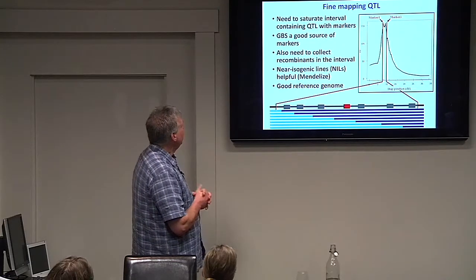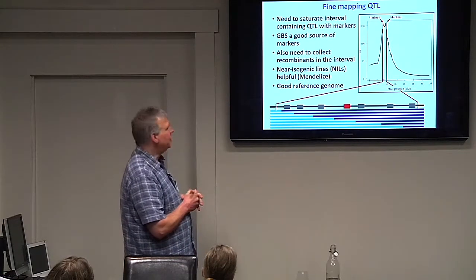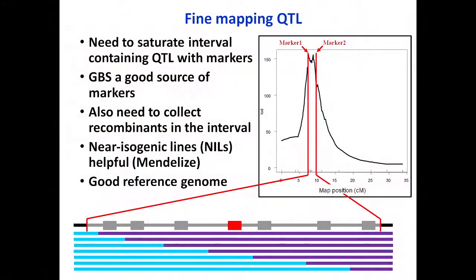So in order to do that, first you go out and get a QTL like I just showed you. Under that QTL, it's just a chunk of the chromosome that you know is associated with the trait, but you don't know which gene in there, and there could be hundreds of genes. If you really want to figure out which gene, or if there is only one gene in there, sometimes it's multiple genes that affect the trait, then you're going to have to saturate that interval with markers.